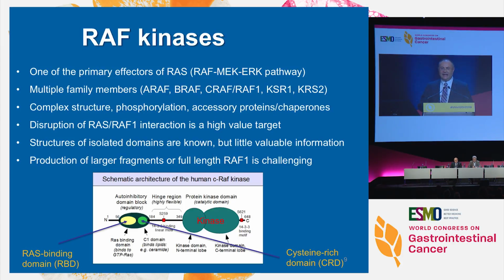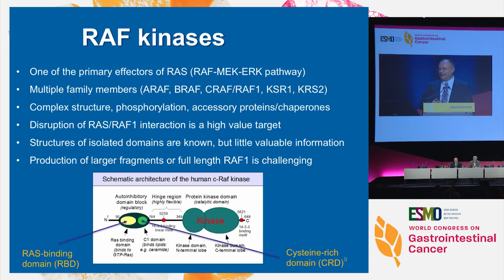But you can see there are many family members, A, B, C, and the KSR1 and 2 pathway. Now, something very interesting is that KSR1 and 2 are actually effectors of the estrogen pathway. So there may be a link into the female gender and outcome, which has not very much been evaluated or looked at.